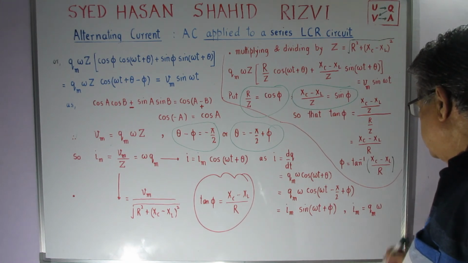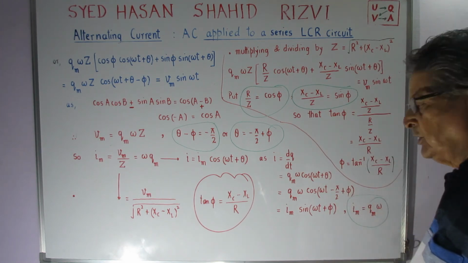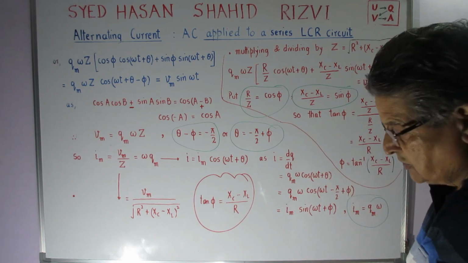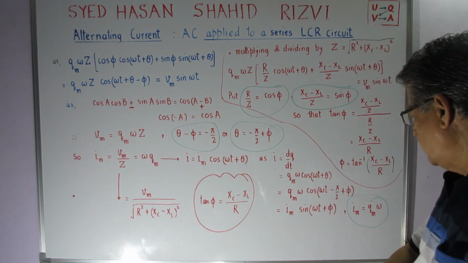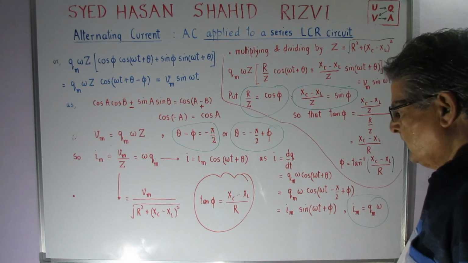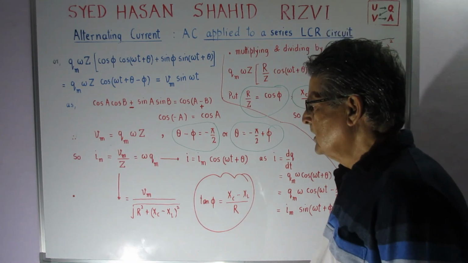Here, Im is equal to Q into omega. Omega has the dimensions of 1 upon time, 2 pi upon capital T, so charge divided by time gives us the current.